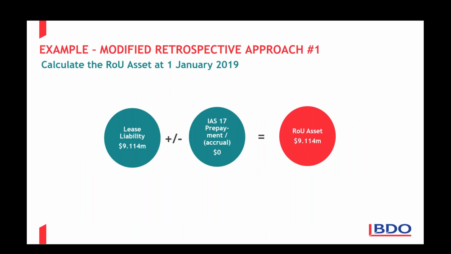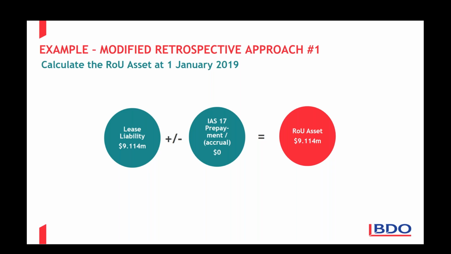We are merely saying the lease liability that we've calculated, we plus or minus the prepayment or the accrual. And in this example, we've made the assumption the accrual was 0, but even if there was a number that you're already calculating and putting in your financial statements, it would be the lease liability plus or minus that accrual or prepayment, and that will give you your right of use asset.